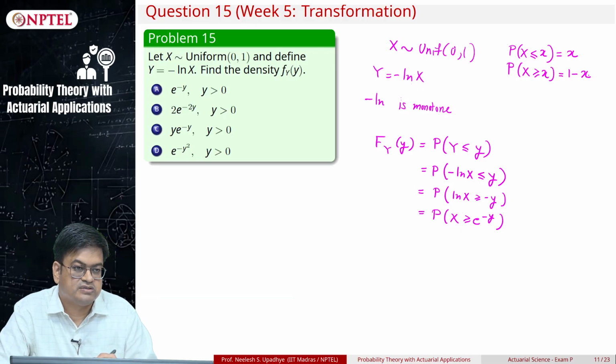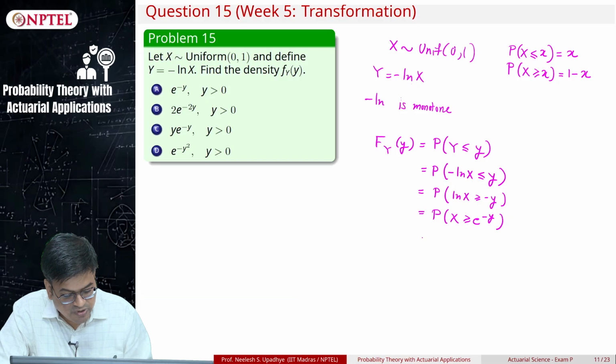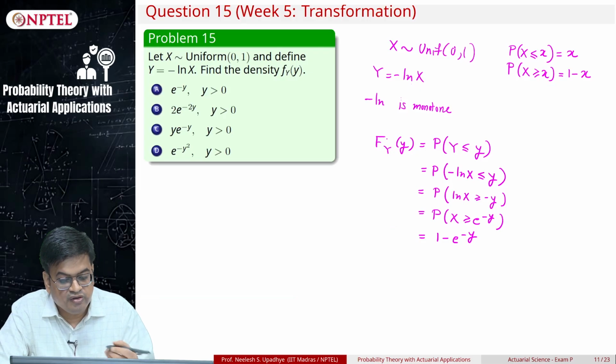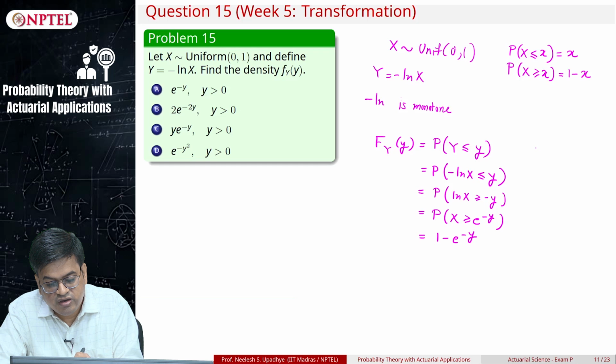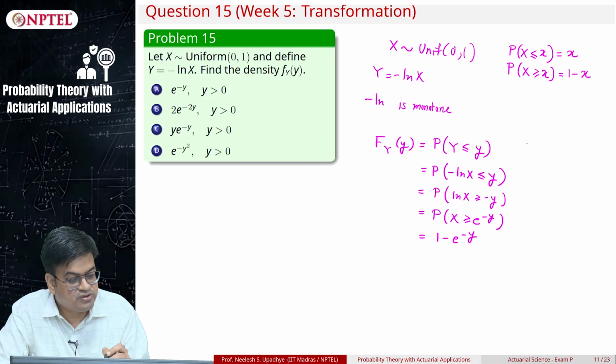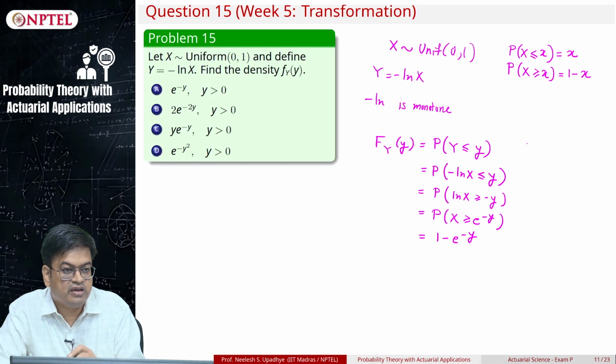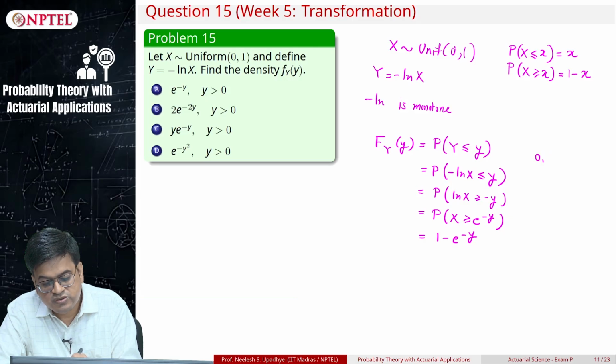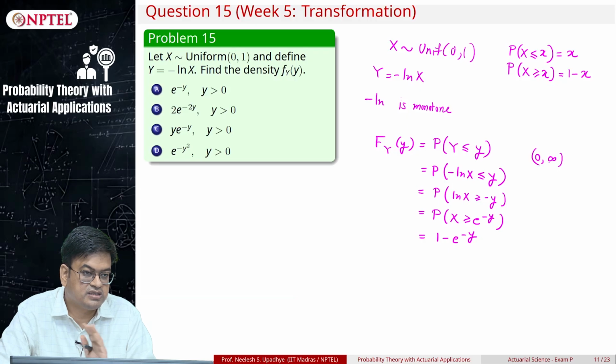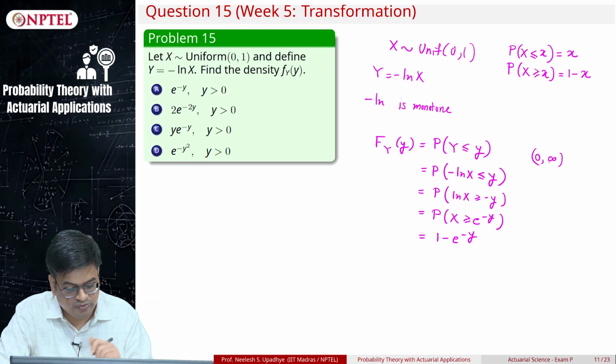That will give me this probability to be equal to 1 minus e raised to minus y, and this is my CDF. What is the support of Y? X is varying from 0 to 1, but minus ln of X will vary from 0 to infinity. So, this is the support of Y.